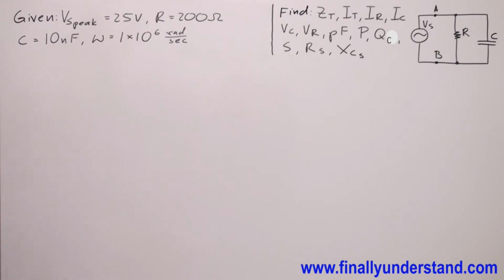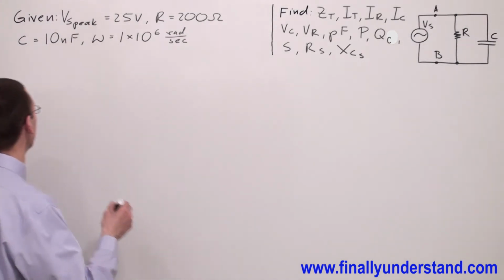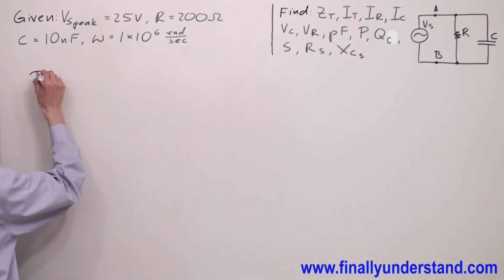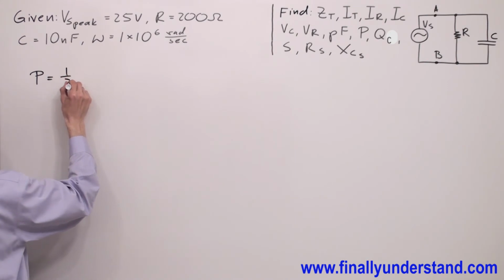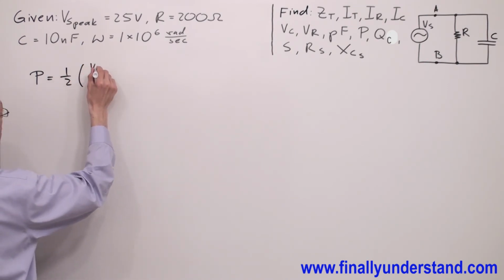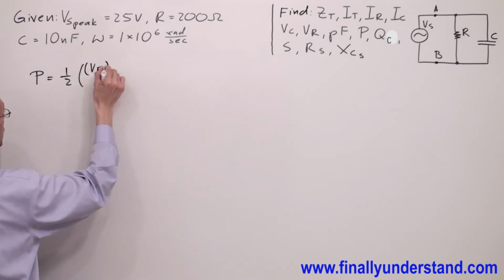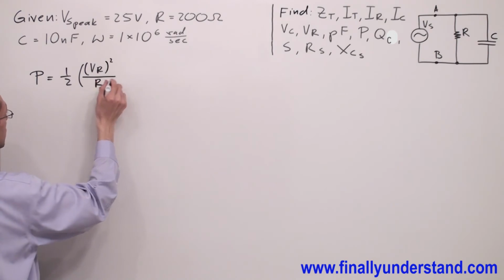Next, we have to find the true power. So I have formula, true power is equal 1/2, and I have VR, voltage across the resistor, raised to the second power over the resistance.